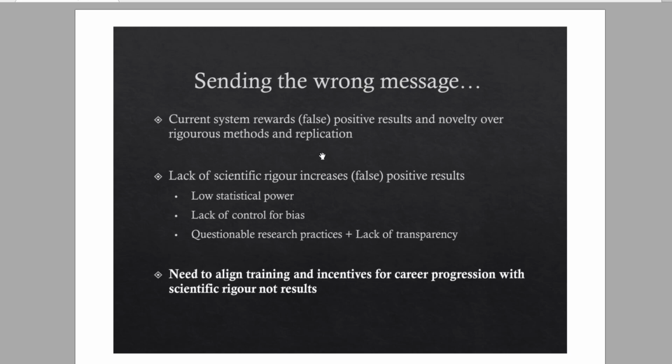Low statistical power, so just having fewer participants than what a power analysis would say. Stopping taking participants when you feel like they're the ones that are going to give you your significant results. The data look good, I'll just stop. Yeah, don't do that. And just a lack of transparency in how you're deciding when to stop, right?